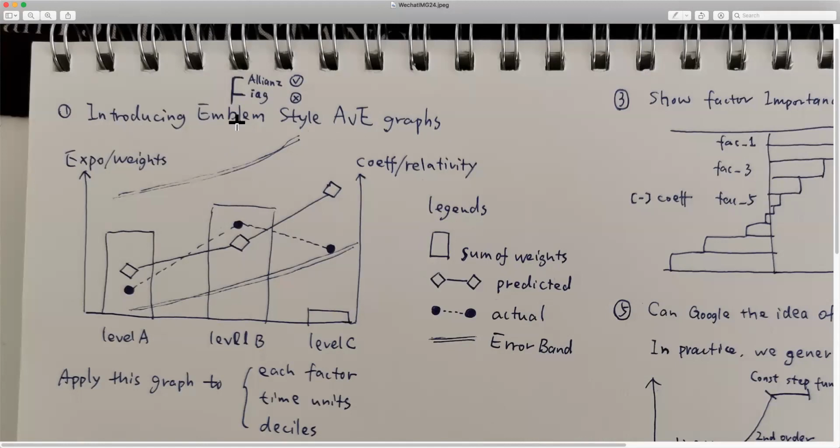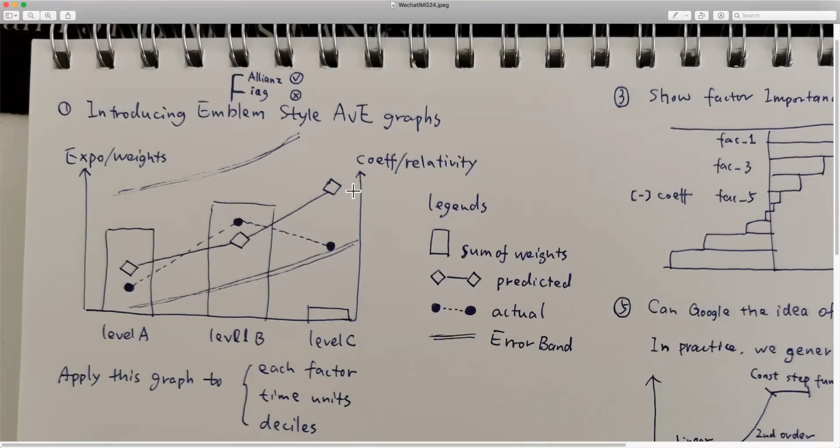But then IAG doesn't like Emblem. But I think the idea of Emblem is very helpful to make your thoughts more clear and make your communication to stakeholders much easier.